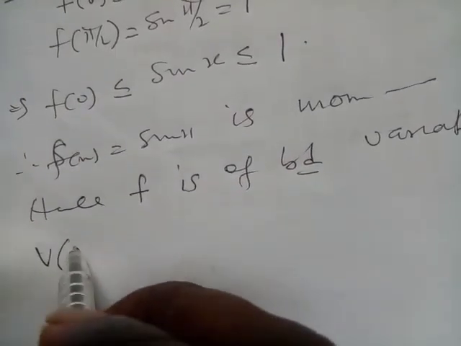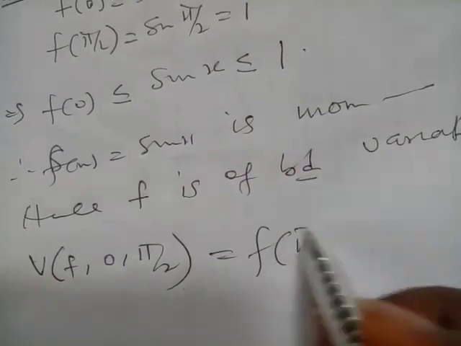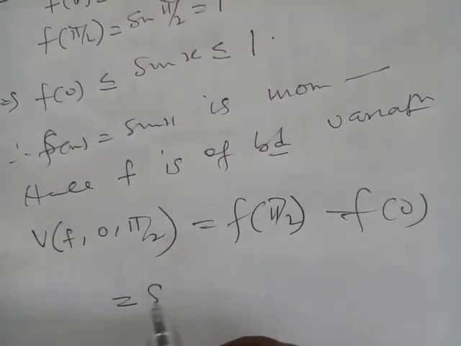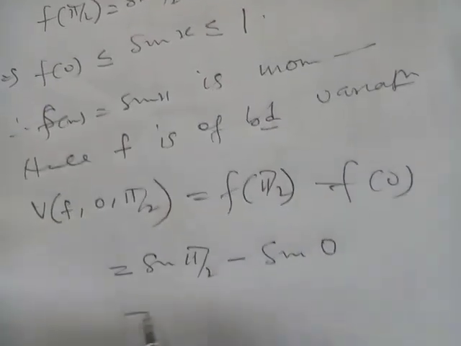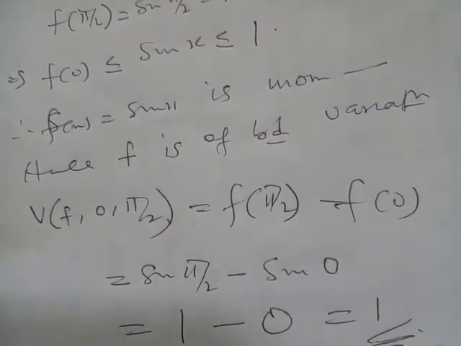So what they ask us to find, which is the total variation from 0 to pi over 2, will just be f of pi over 2 minus f of 0. This is sine pi over 2 minus sine 0. And sine pi over 2 is 1. Sine 0 is 0. So this is 1. So the total variation is 1.